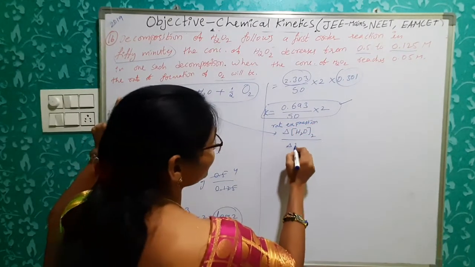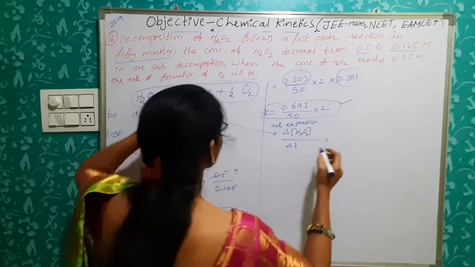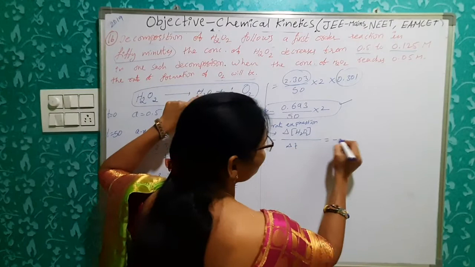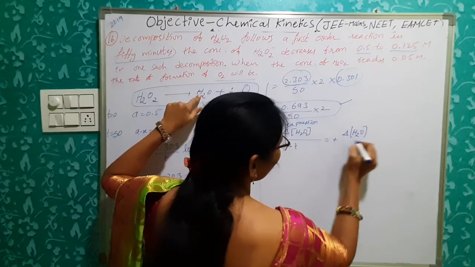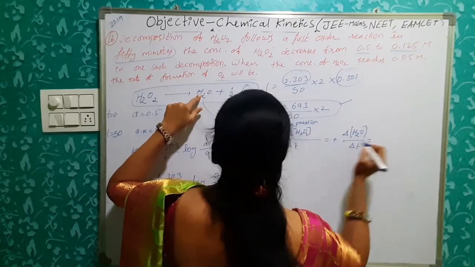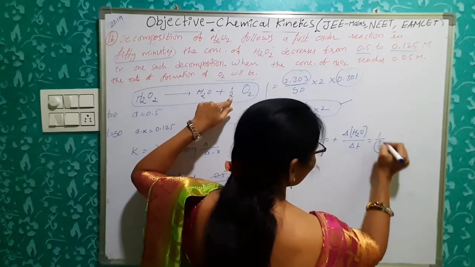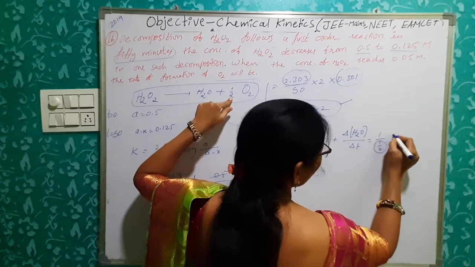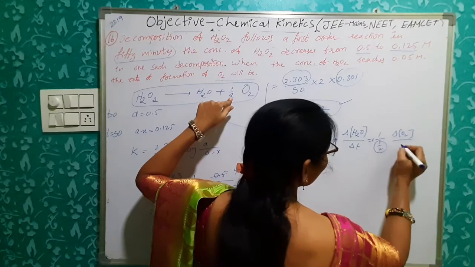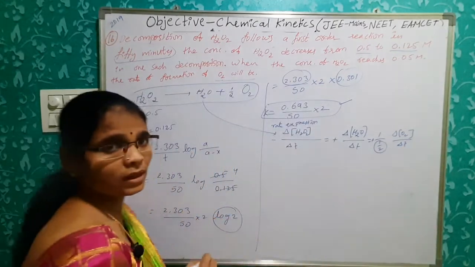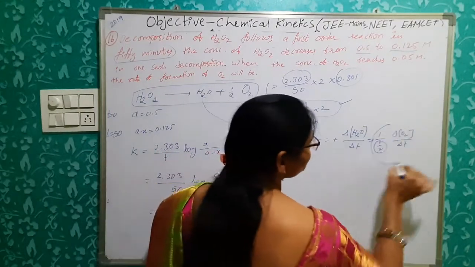Delta H2O by delta H2O2 by delta T, that is equals to minus, plus delta H2O by delta T, that is equals to half, so means 1 by 2, minus plus delta O2 by delta T. So we have to compare these two.